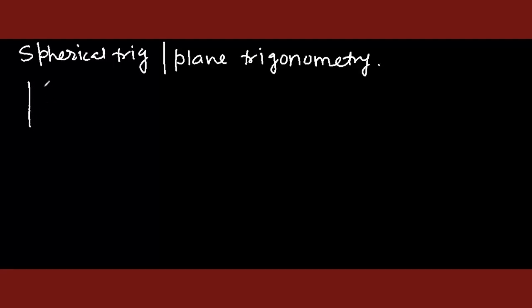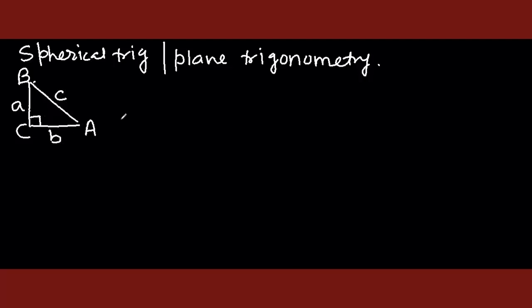Let me take a right angle triangle ABC. Suppose this is a right angle triangle ABC. This side is small a, this is small c, and this side is small b.